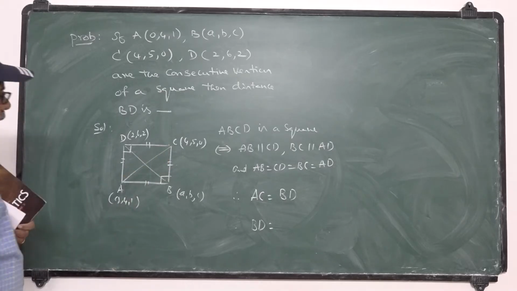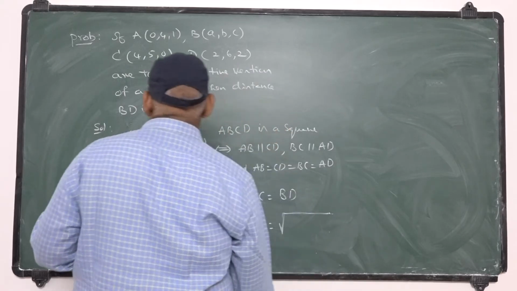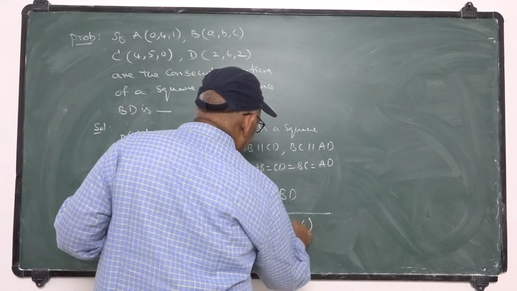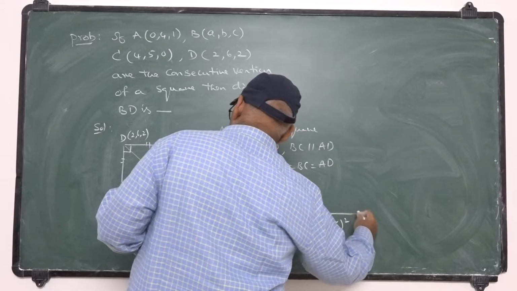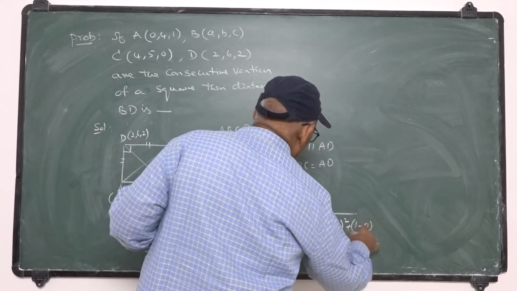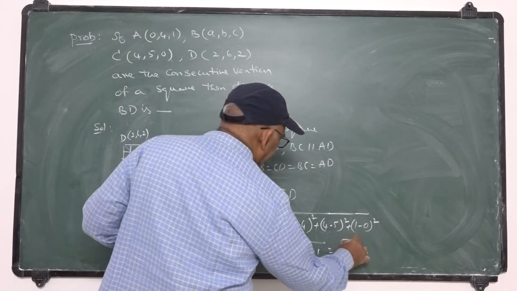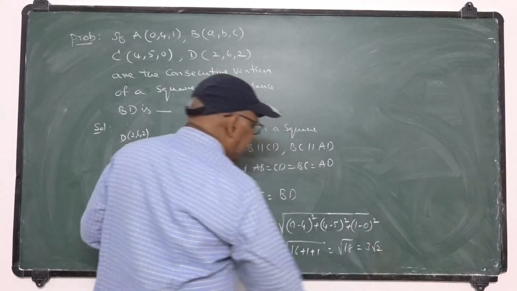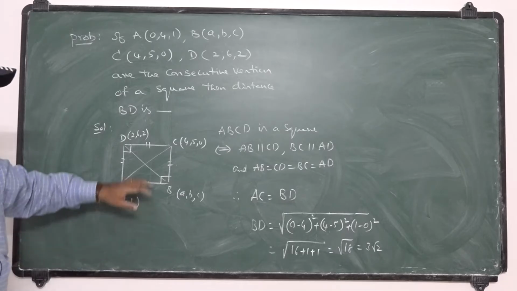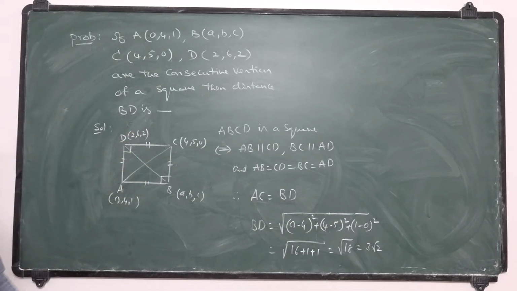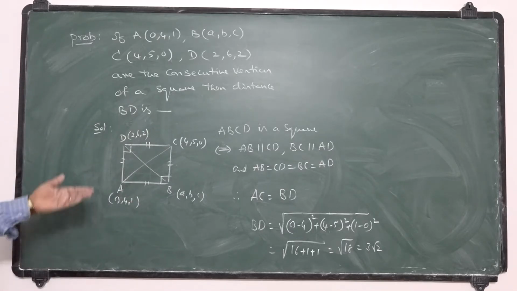The distance between A and C, by the distance formula, is (0 minus 4) whole square, (4 minus 5) whole square, and (1 minus 0) whole square, which gives us 16 plus 1 plus 1, root 18, 9 into 2, so that is 3 root 2. In a square or rectangle, the lengths of the diagonals are the same, so instead of finding BD, it is sufficient to find AC.